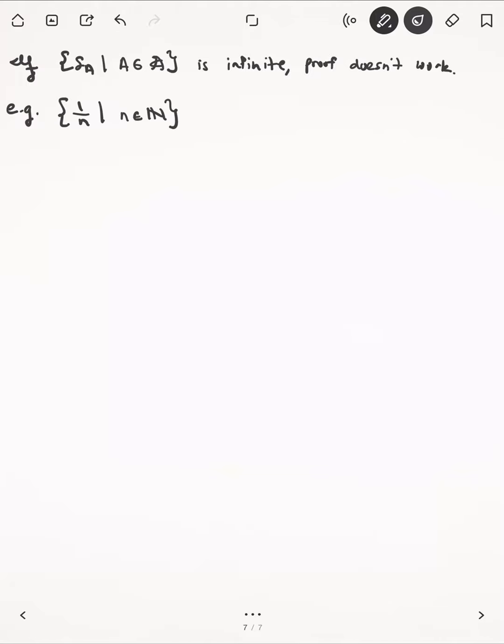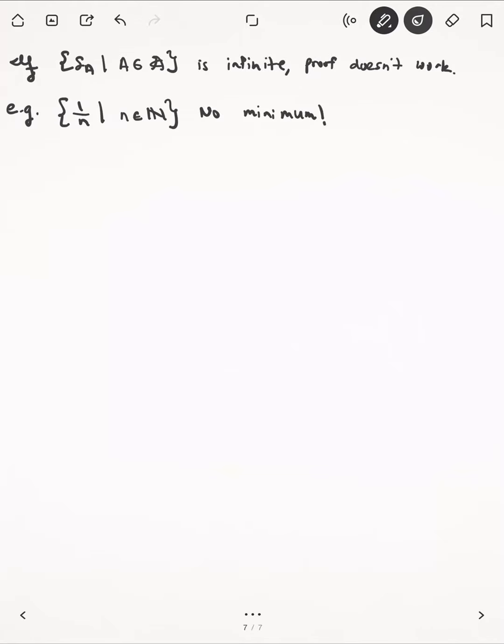So now your set is infinite. What is the minimum? Well, in particular, there is no minimum. And so you wouldn't be able to just say let delta be the minimum of this set because the minimum does not exist. And so the theorem is false if we omit the word finite.